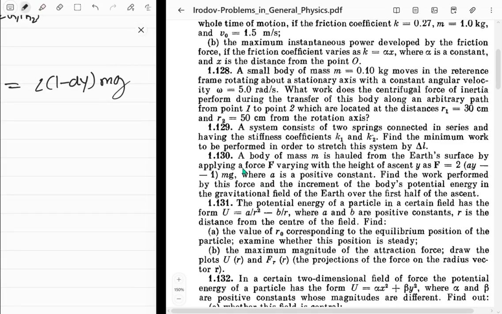So the complete force on this thing, or maybe we just do integration with respect to y to find out the work done by the force and work done by this mgh thing, and figure out the velocity from that. Find out the work performed by the force over the first half of the ascent.